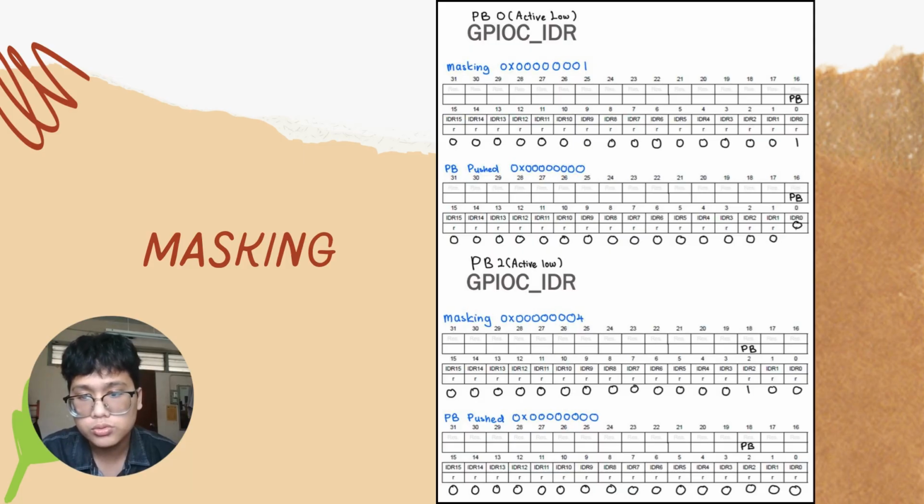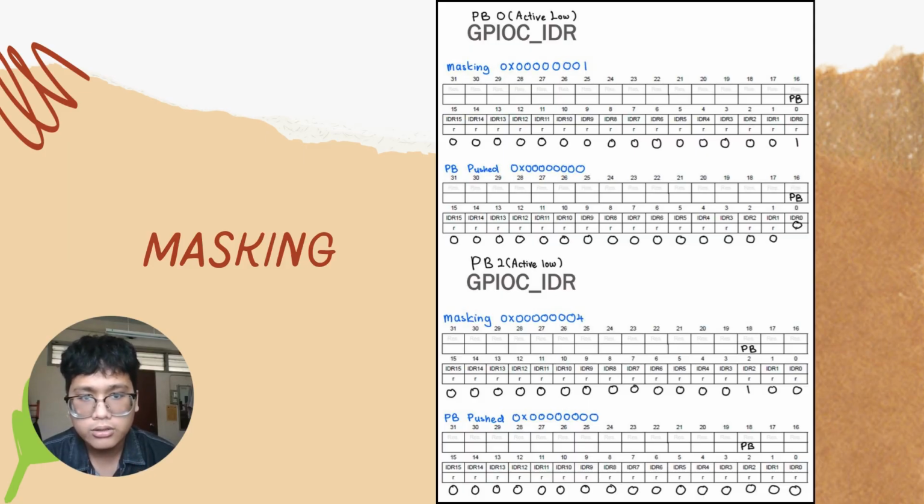Then we go to the declaration for when PB0 is pushed. Since the push button is active low, we put the number 0 at the port we want, which is port B0. So in table 2, we can see that at port B0 the number is 0, because active low is active at 0 and not active at 1.